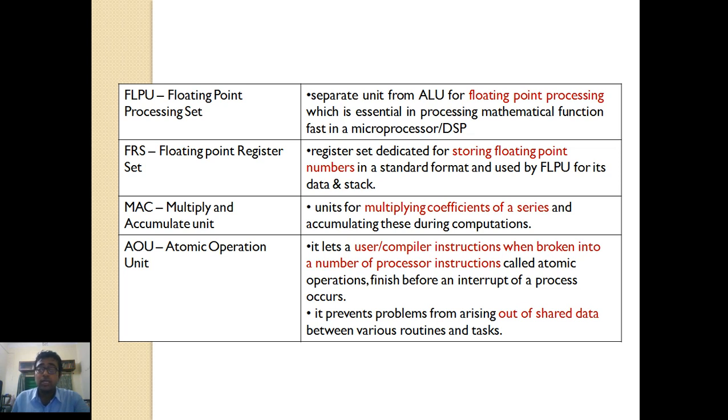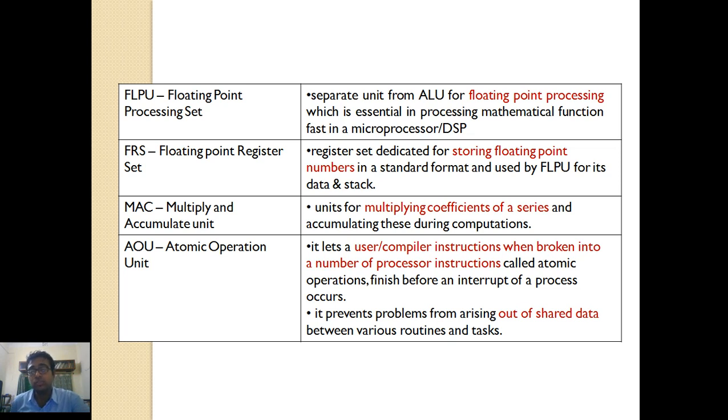Suppose there is a program running that needs 15 minutes, and at the 8th minute there is an interrupt, calling you to perform a different segment of processing. The processing already done will be stored in the atomic operation unit. A small part of the whole program will be stored there.